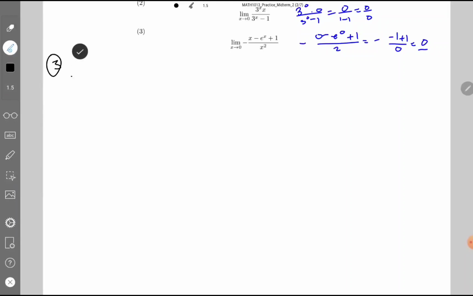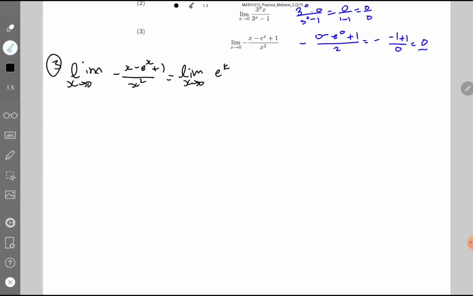Question 3. So let's look at the limit as x goes to 0 of minus x minus e to the x plus 1 over x squared. Since we're working with derivatives of top and bottom, I'm going to put this minus upstairs and multiply through, just to make my life a little easier.